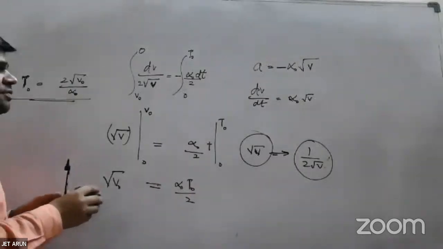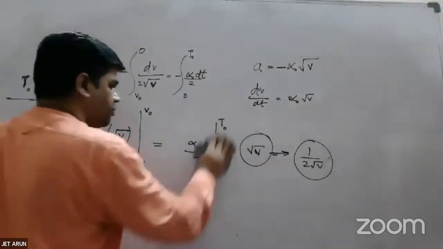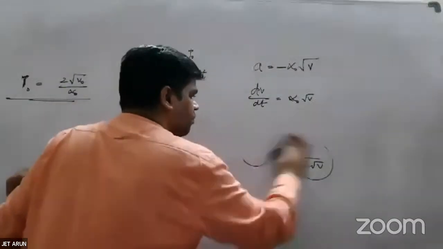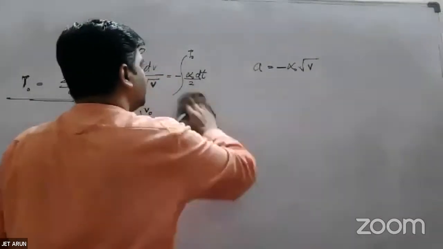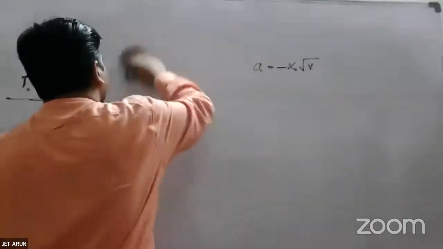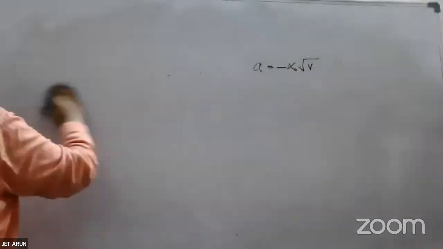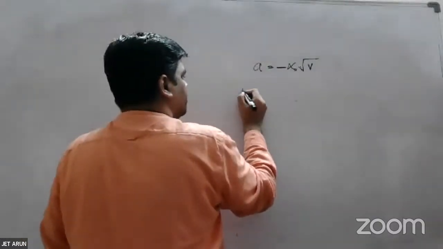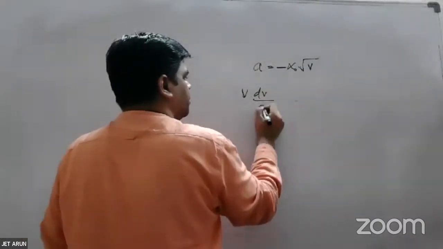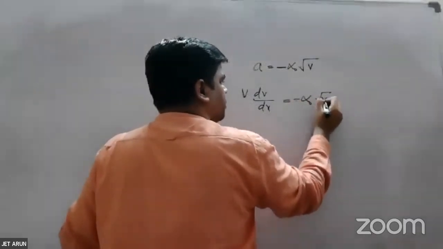Alright. Okay, now let us find out the position. Someone said we can write a as v dv by dx now. Okay, let us write that. Minus alpha root v.